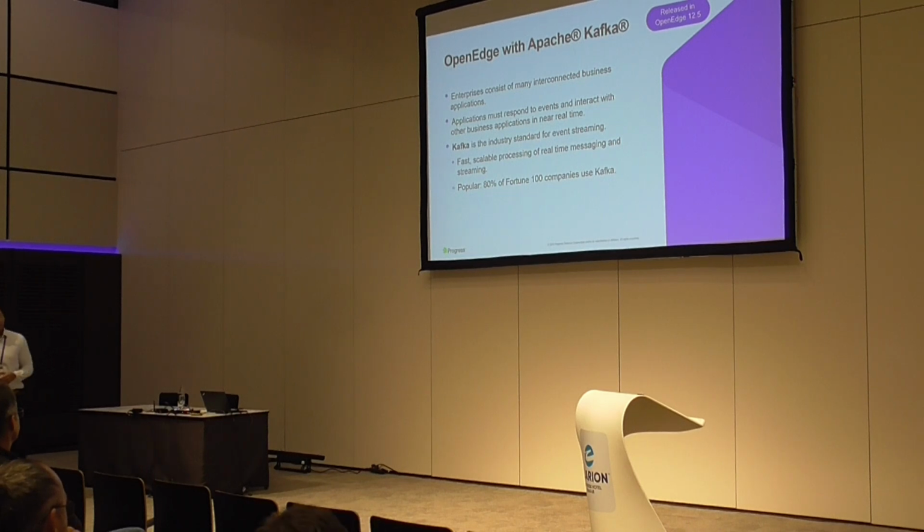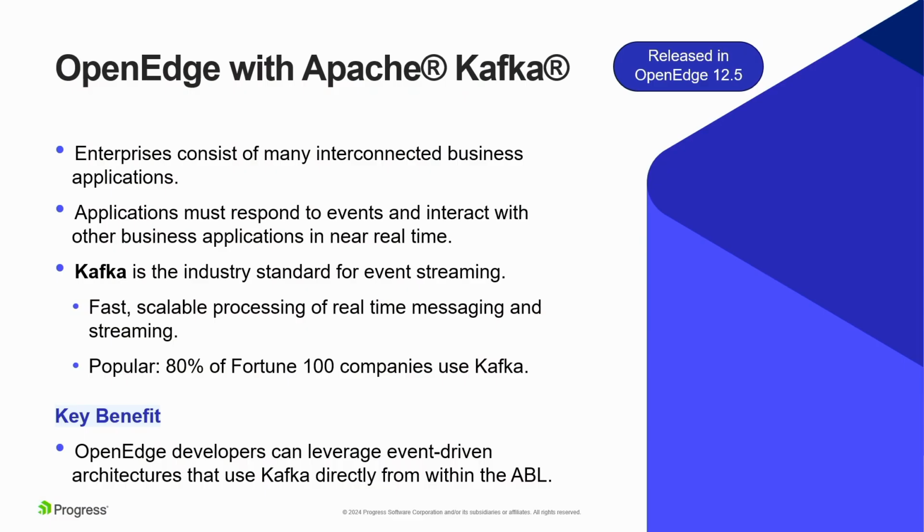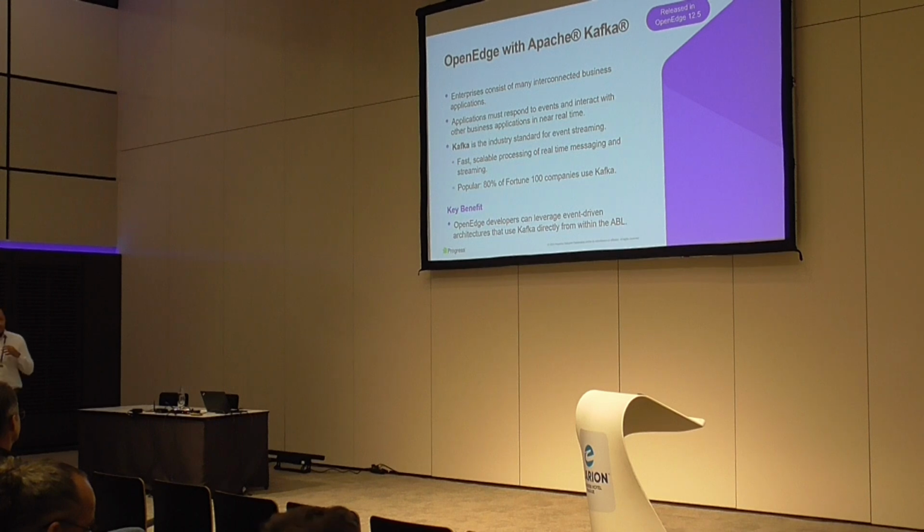This is right on their website. So it's trusted by large organizations and small organizations in sending, receiving, and processing messages as well. What's the key benefit for OpenEdge developers? You can now leverage event-driven architectures directly from within the ABL, which is huge.